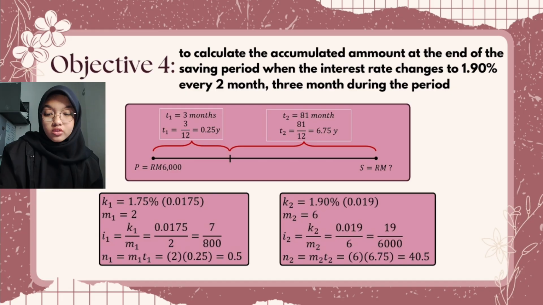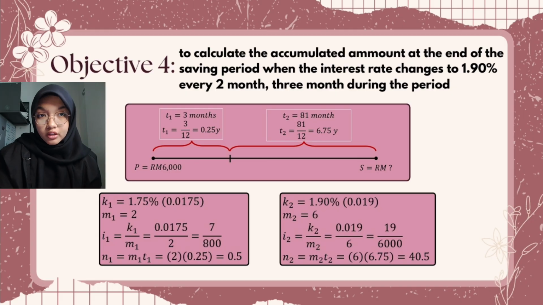Moving to objective 4, to calculate the accumulated amount at the end of the saving period when the interest rate changes to 1.90% every 2 months, 3 months during the period. Firstly, construct a timeline consisting of P, the principal amount, and S, the accumulated amount. P equals 6,000 and S is what we will be calculating. For the first term, 3 months, converted to years, is 3 over 12 equals 0.25 years. For the second term, 81 months, converted to years, is 81 over 12 equals 6.75 years.